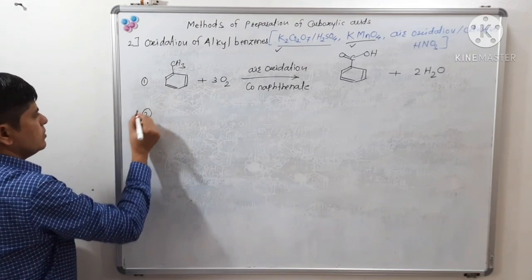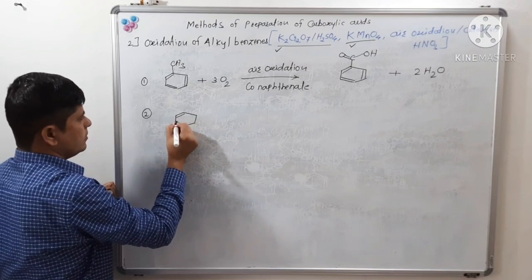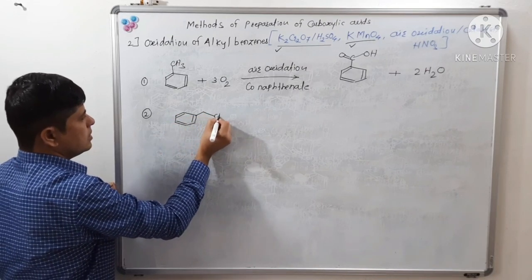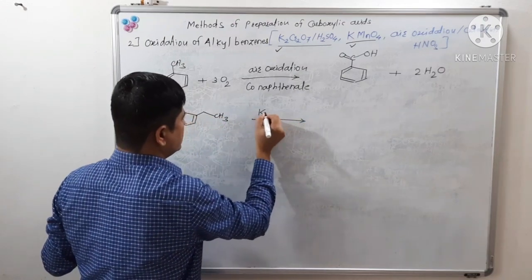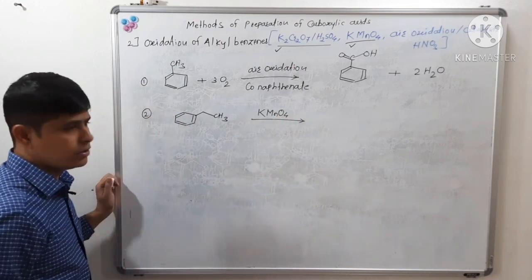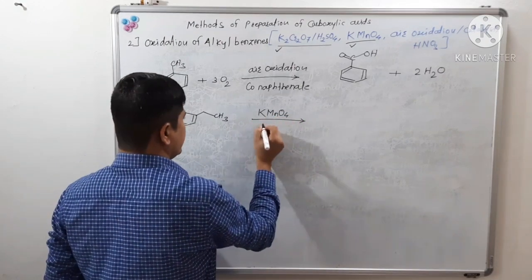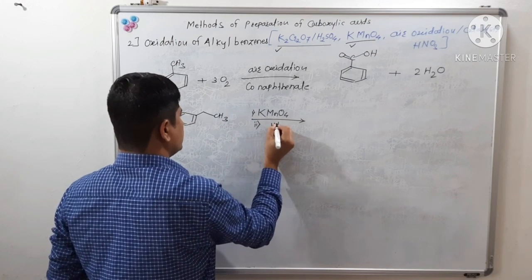Now the second example we can see. Ethyl benzene on reaction with alkaline KMnO4, followed by reaction with H plus.